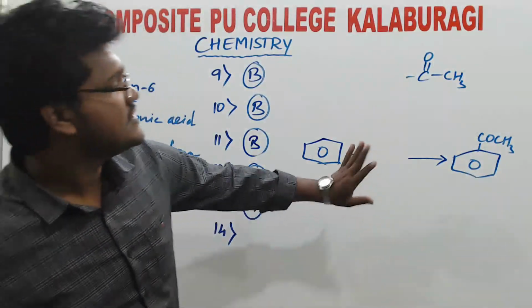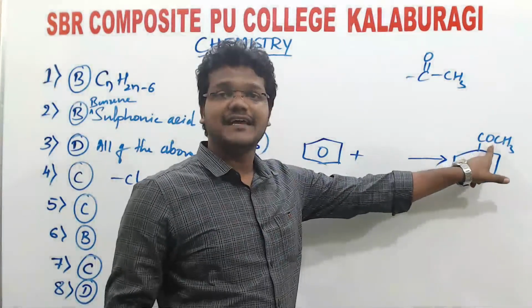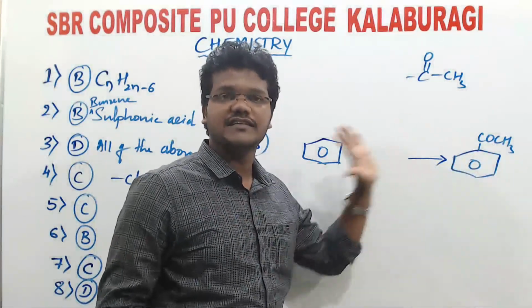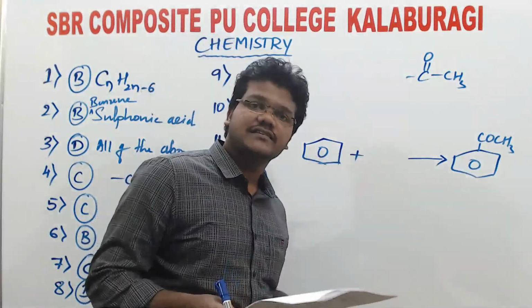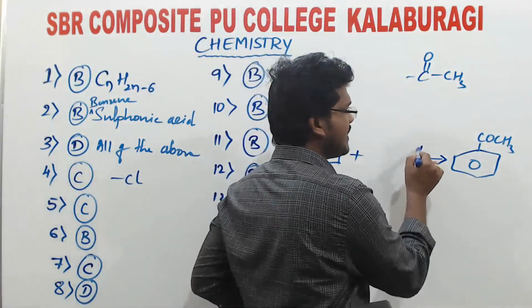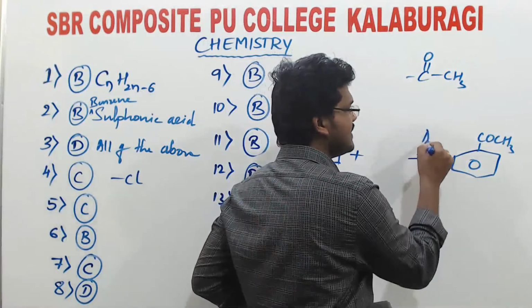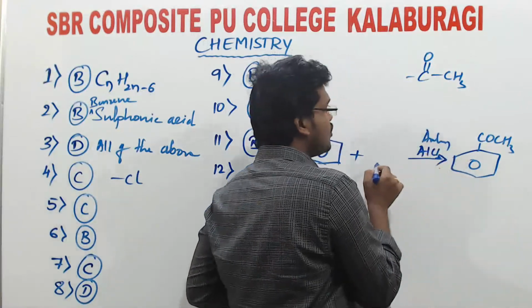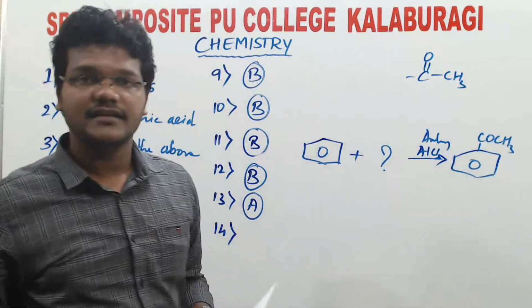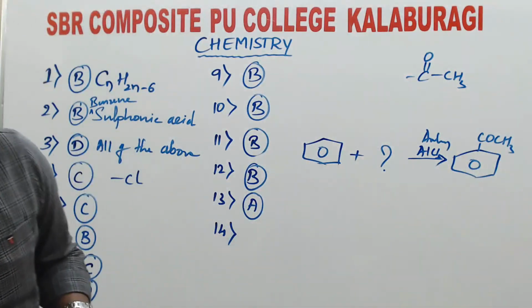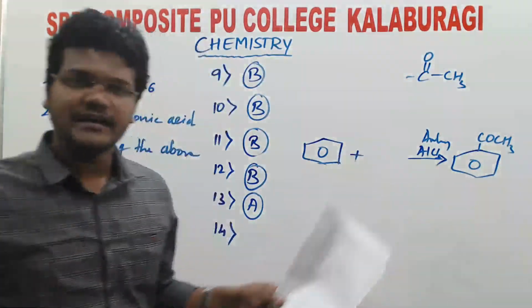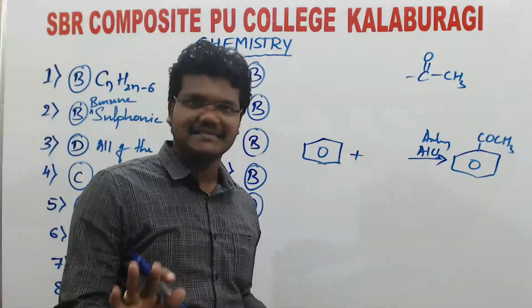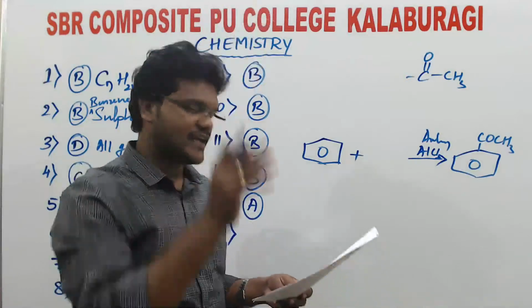So the question is based on this one. I want an acyl group over here for benzene. See, which can be used in Friedel-Crafts acylation? In Friedel-Crafts acylation, I already know that I am going to take anhydrous AlCl3. What would be my other reactant? Taking acylation of benzene as an example in Friedel-Crafts, what can I add?